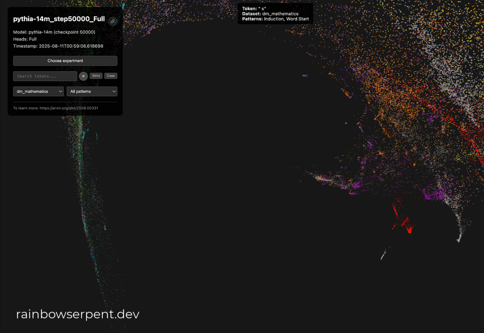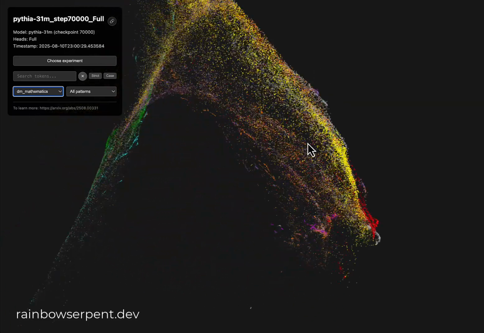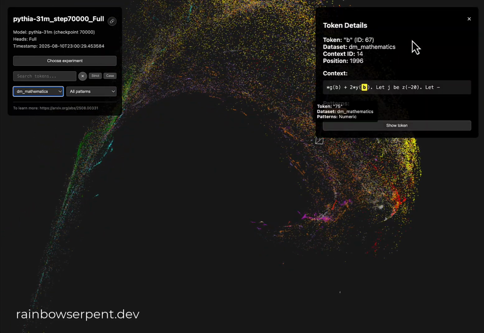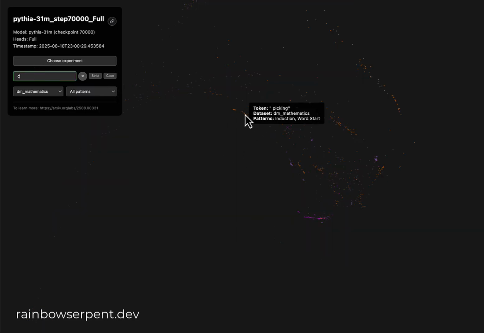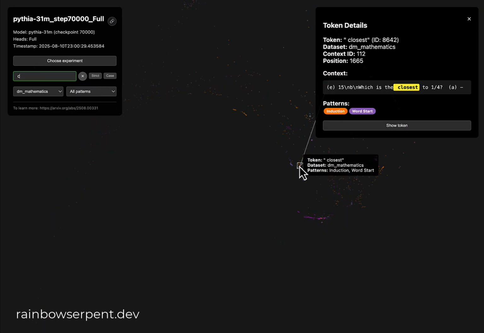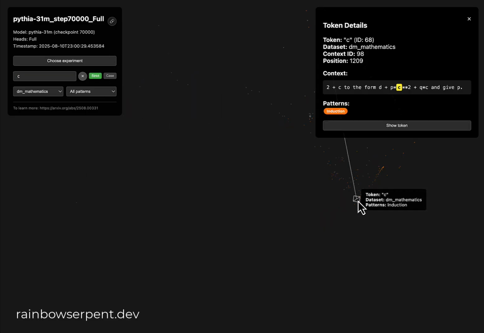One has to be a bit careful with UMAPs and not read too much into the separation of these little strands, especially if they have a small number of points. So keep that in mind. But nonetheless, we can see that also in the 31 million parameter model. Let's just see if we can find some of these tokens. Okay, so there's one.